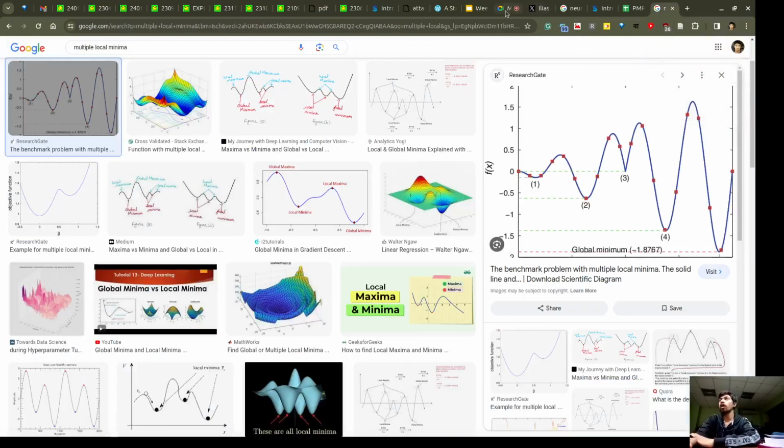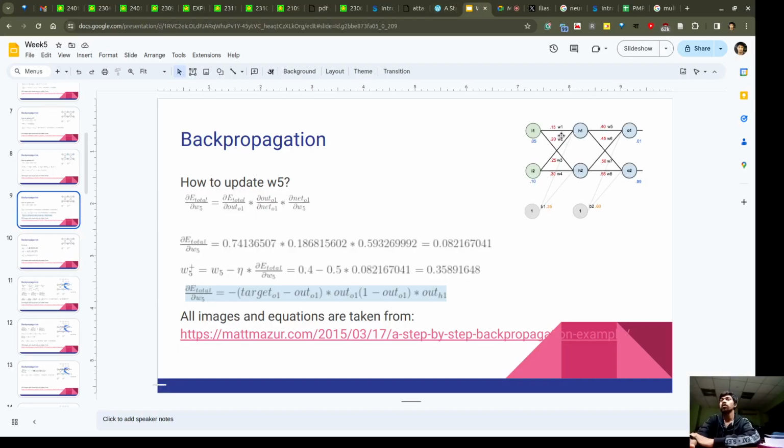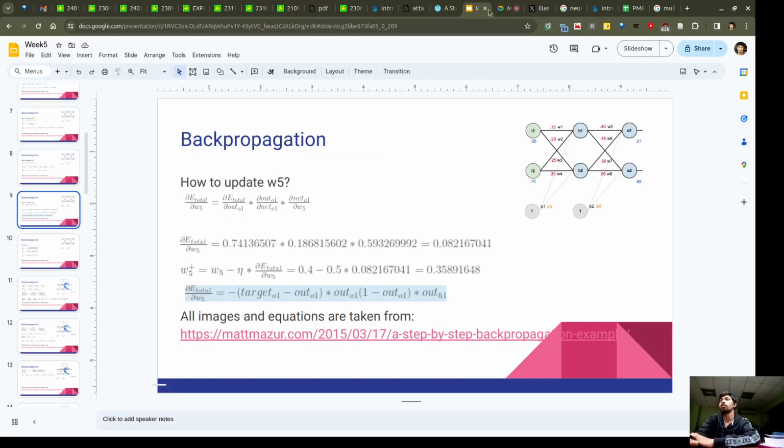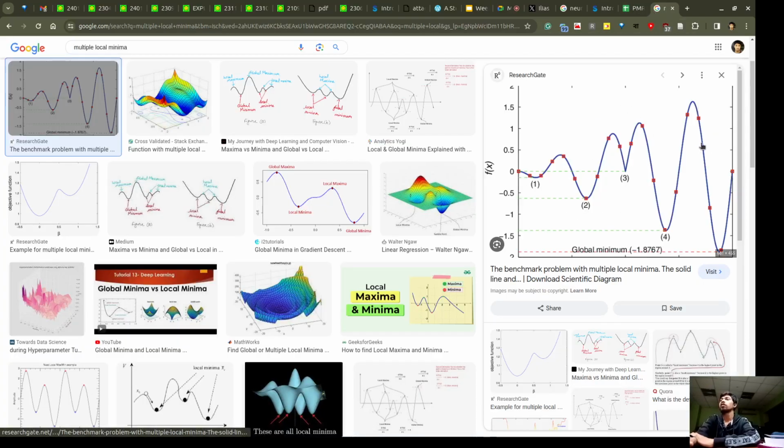Suppose with this set of values, 0.15, 0.20, this is the global minimum. We are here with the weights given in this slide. From here we go here, then ultimately we reach here. So the loss value is suppose 3.